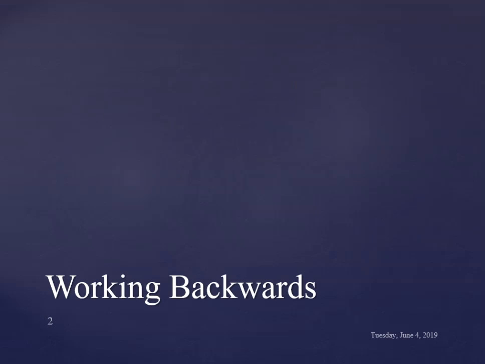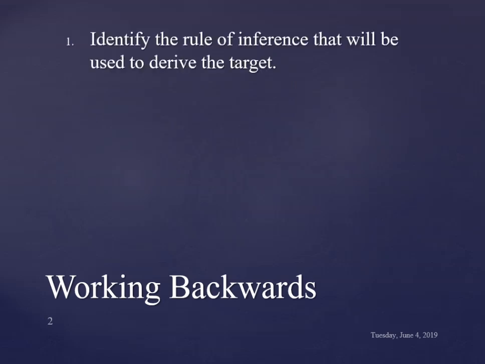There's actually just 3 steps to it. And the first step, which is probably the most complicated and probably the most difficult, is that you need to identify the rule of inference that will be used to derive the target. This is difficult for a couple different reasons.